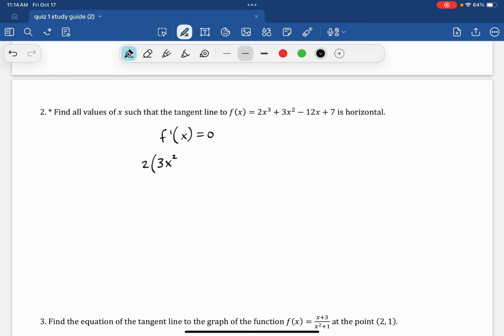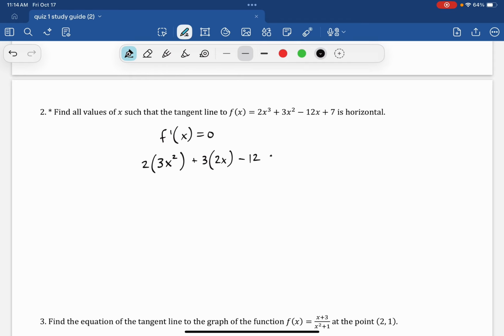So the derivative of x cubed is 3x squared. Next, we have 3 times x squared, so the derivative of that is 2x. Then the derivative of minus 12x is minus 12, because the derivative of x is 1. And then finally, 7, the derivative of that is 0, because it's a constant.